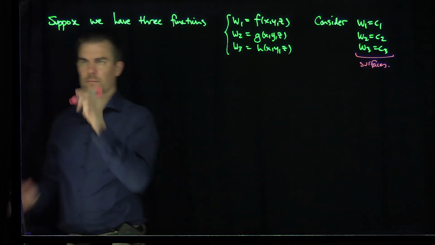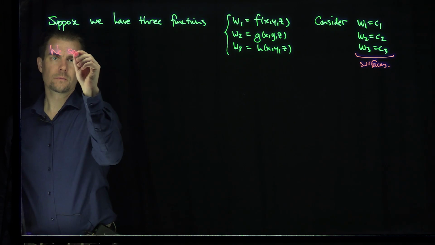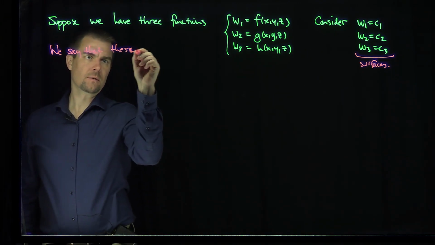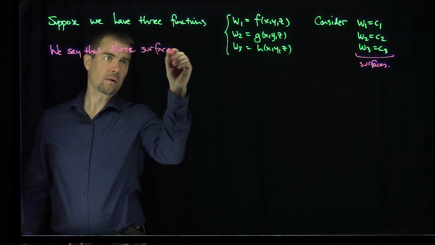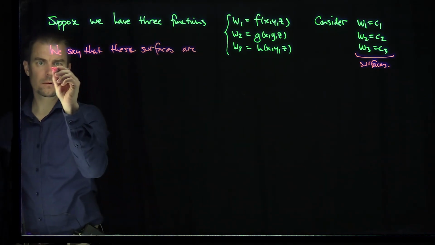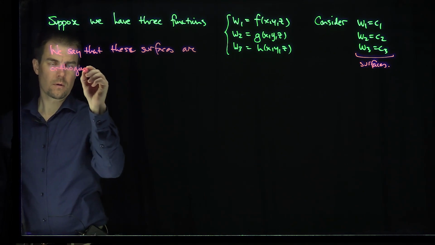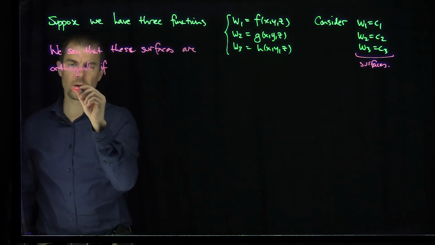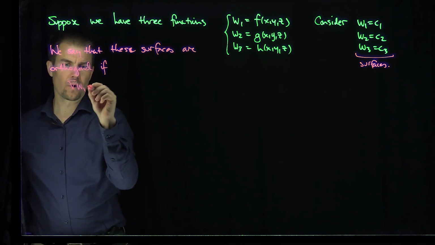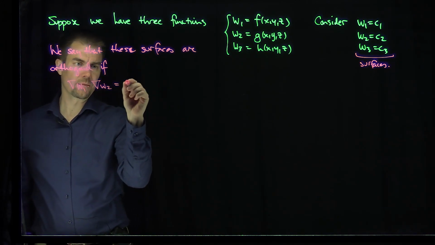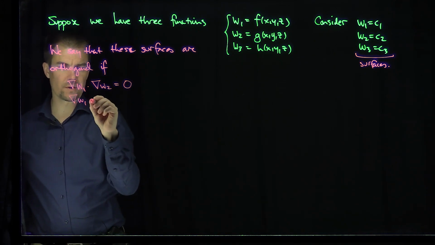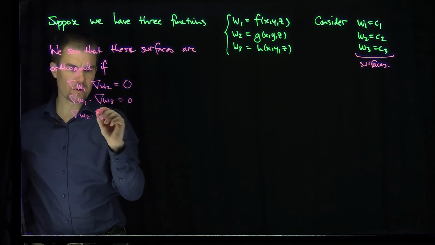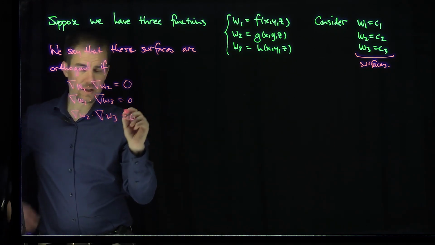We say that these surfaces are orthogonal and non-degenerate if the gradient of w1 dot the gradient of w2 is equal to 0, the gradient of w1 dot the gradient of w3 is 0, and the gradient of w2 dot the gradient of w3 is 0.